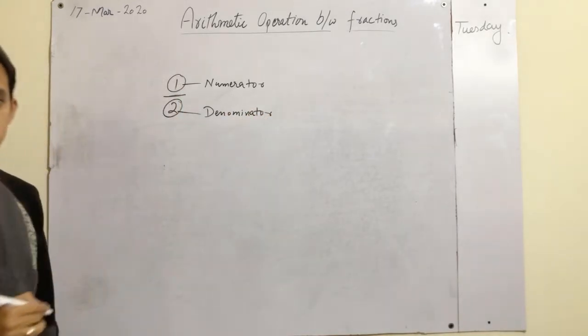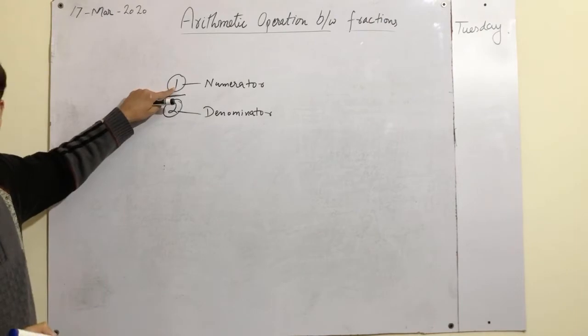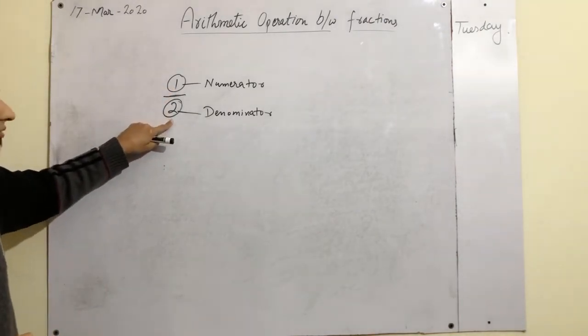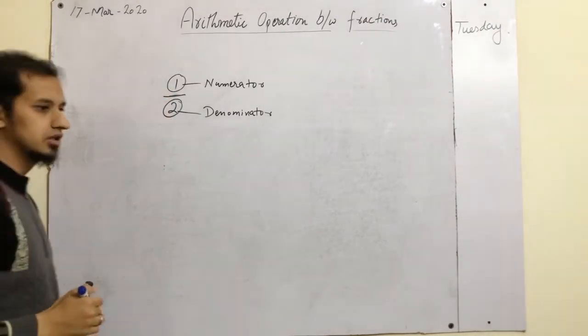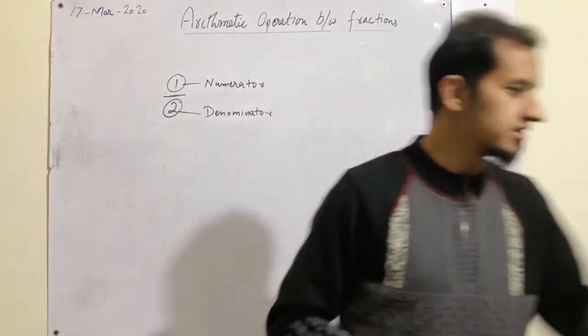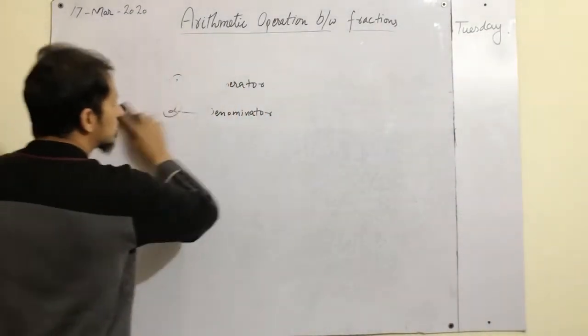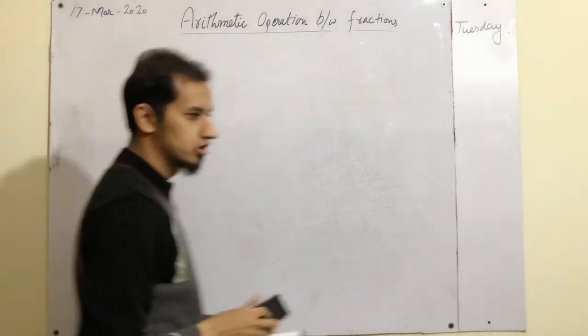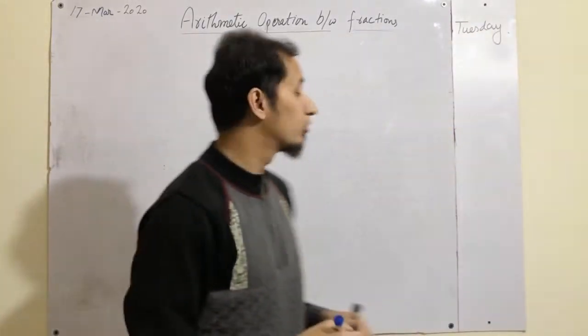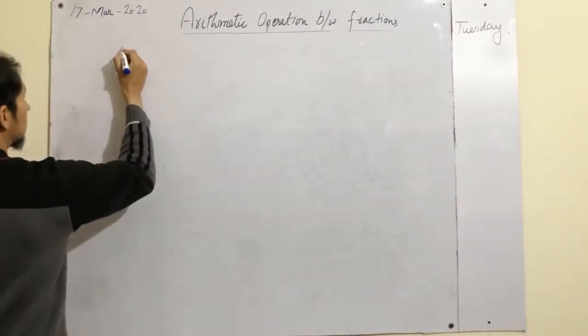A fraction has two parts: the above part is the numerator and the below part is the denominator. So I take some examples, two fractions, and then we can apply the addition rule.